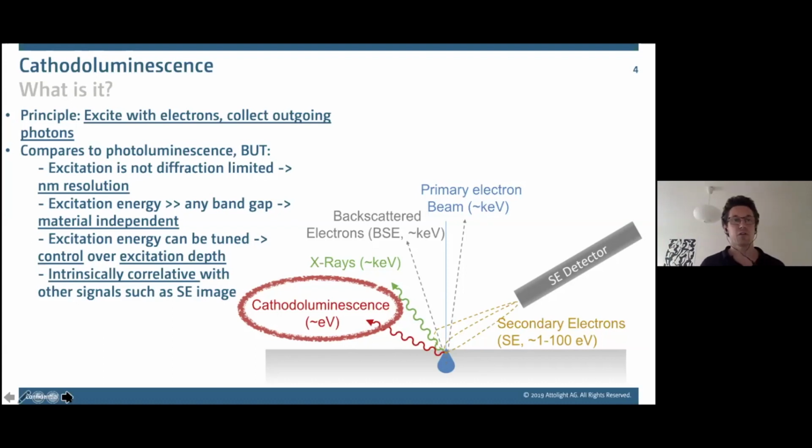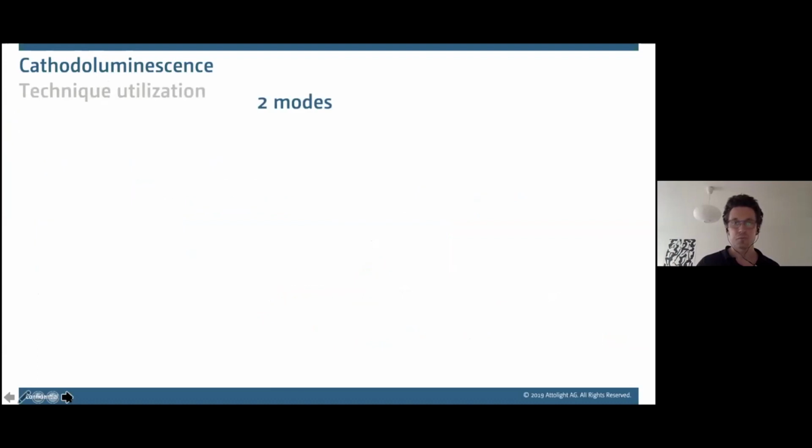The cathodoluminescence signal that you collect, just like with energy dispersive X-ray spectroscopy, is not collected as opposed to another signal, but you can really collect the two signals at the same time. So that's just a little bit of an overview.